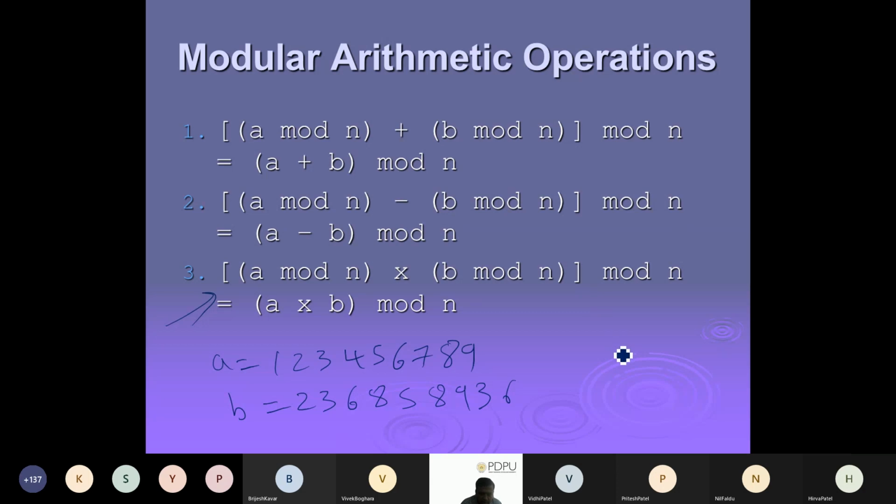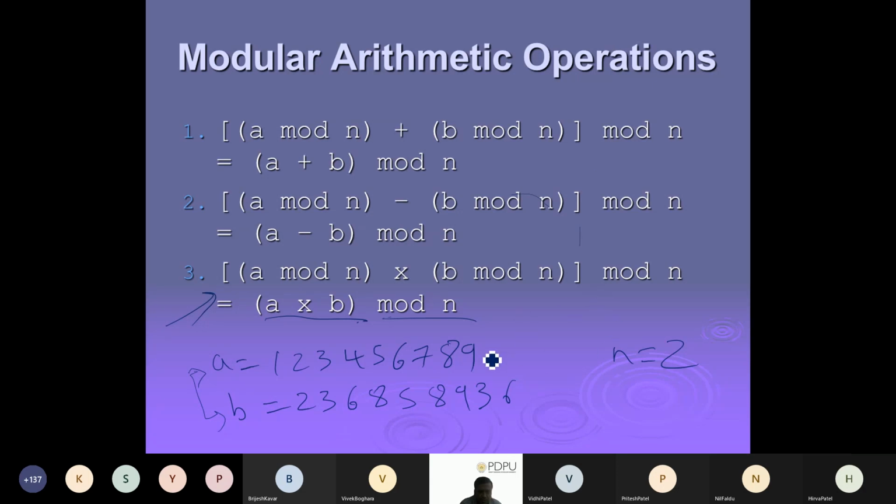We also have to take n. For example, n I will take 2. Now take the first approach: if you want to do this multiplication, first multiply these two numbers and then do the modulo. Will it be a good method? No, because a and b are both bigger numbers, and multiplying them will take time.